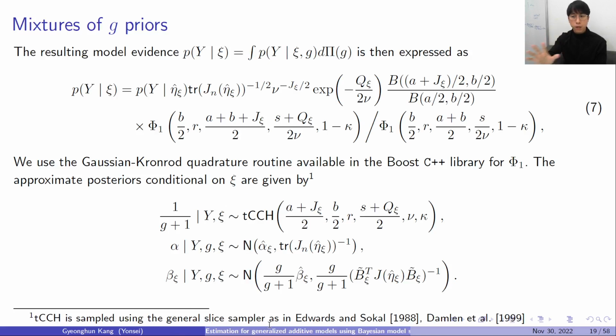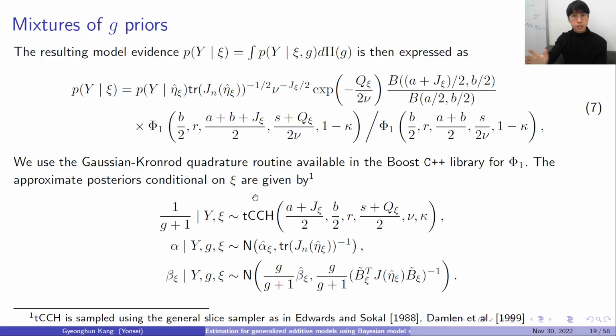I'm not referring to the variant of the slice sampler in Neal's 2004 paper, but more of a general version. In fact, in the 2018 Lee and Clyde paper, they have not discussed how to sample from the posterior, and in their code, they just plugged in the posterior mean to sample the model-specific coefficients.